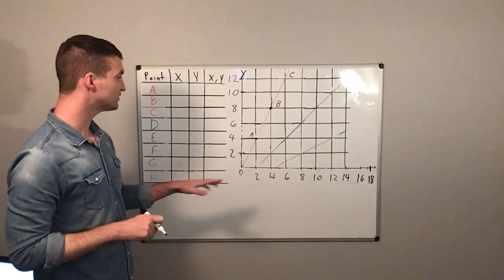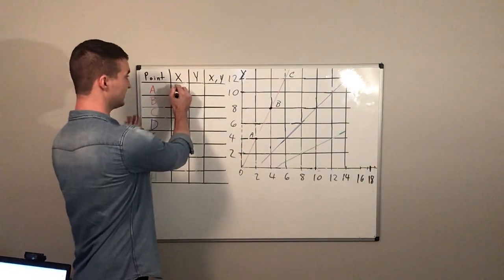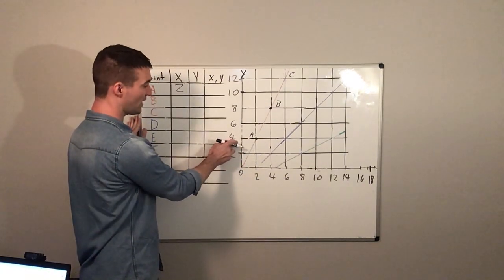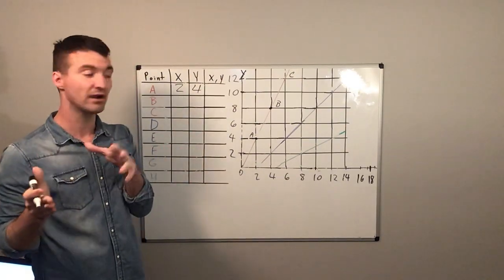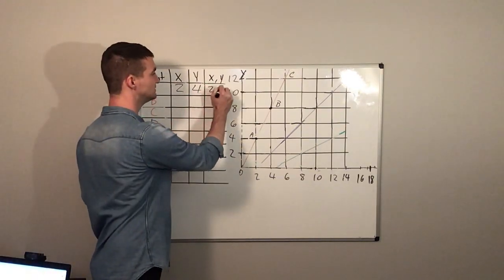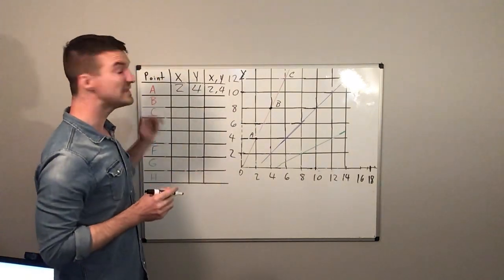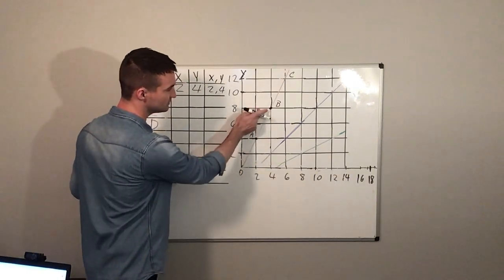And so what I'm going to do is I'm going to go over this first one, 2 and up 4. So your X would be 2, and then your Y would be 4. And so the way we'd write that for our X, Y coordinates as a pair would be (2, 4). Okay? And then let's go to B. We go over 4, and then up to 8.